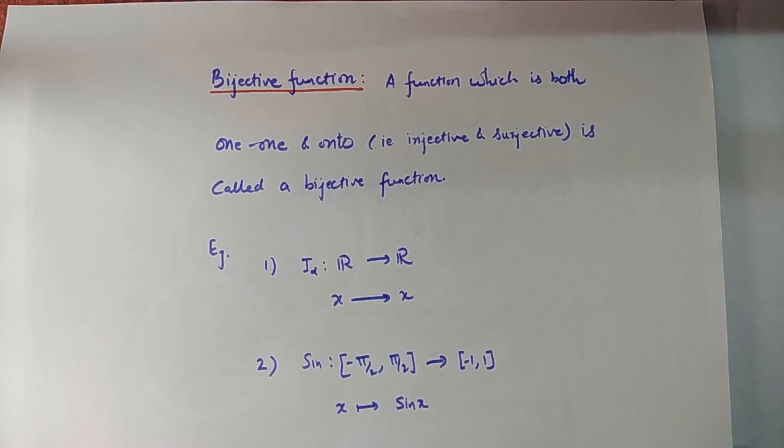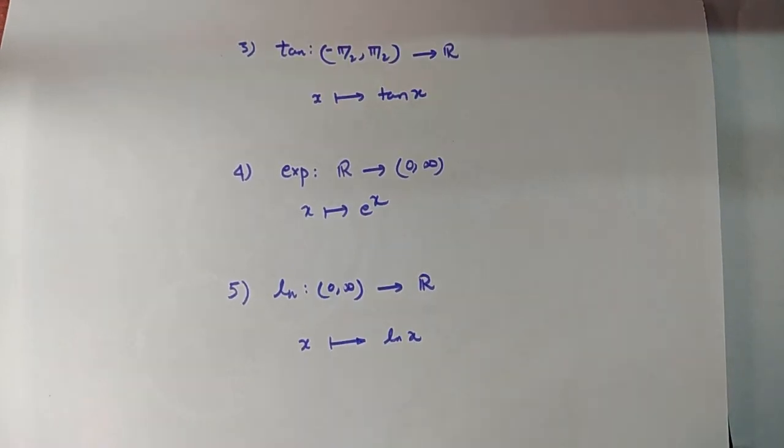Some easy examples are the identity function, x maps to x, the sine function from the closed interval [-pi/2, pi/2] to the closed interval [-1, 1], the tan function from the open interval (-pi/2, pi/2) to R, the exponential function from R to the open interval (0, infinity), the logarithmic function from the open interval (0, infinity) to R. All these are examples of bijective functions because, as you can verify, these functions are both 1-1 as well as onto.